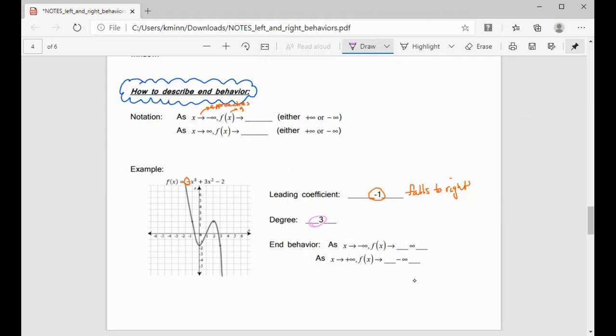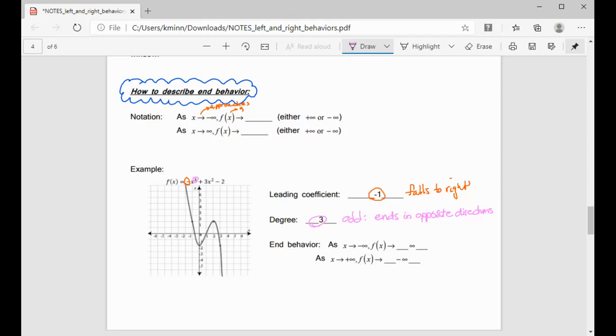The 3 comes from the largest exponent that is there. And this is odd, which means our ends are going in opposite directions. They start and stop in opposite directions.